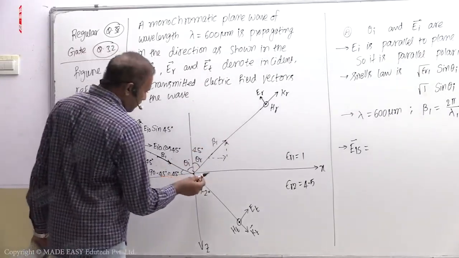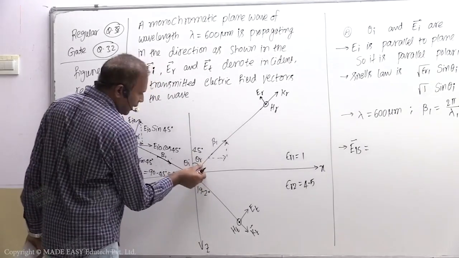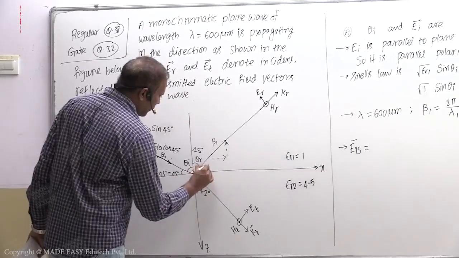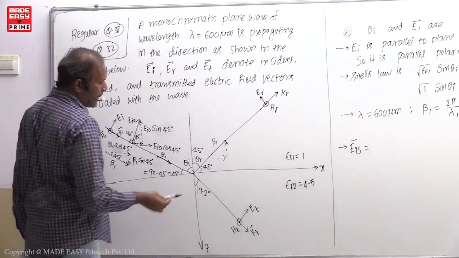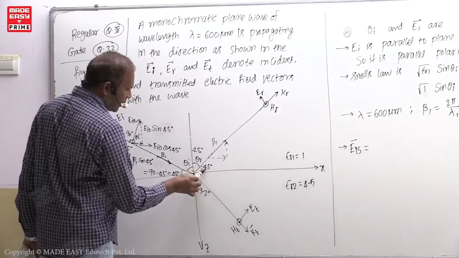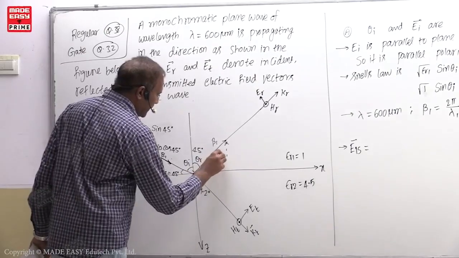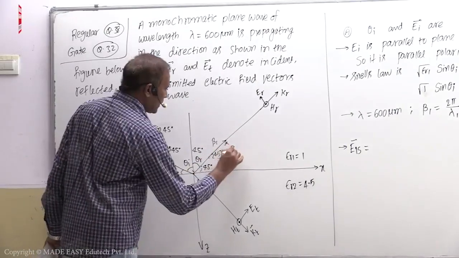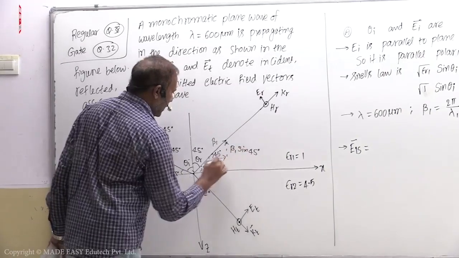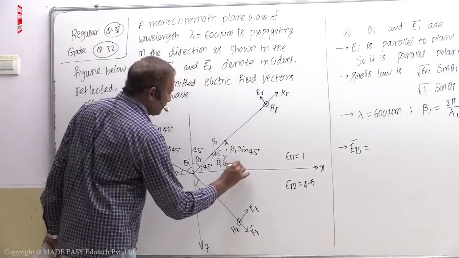So if this is 45, this one also 45. This one also 45 degrees. Okay. What is the angle between this line and horizontal? 45. So that means this is also 45 degrees. So this is beta 1 sin 45, and this is beta 1 cos 45.